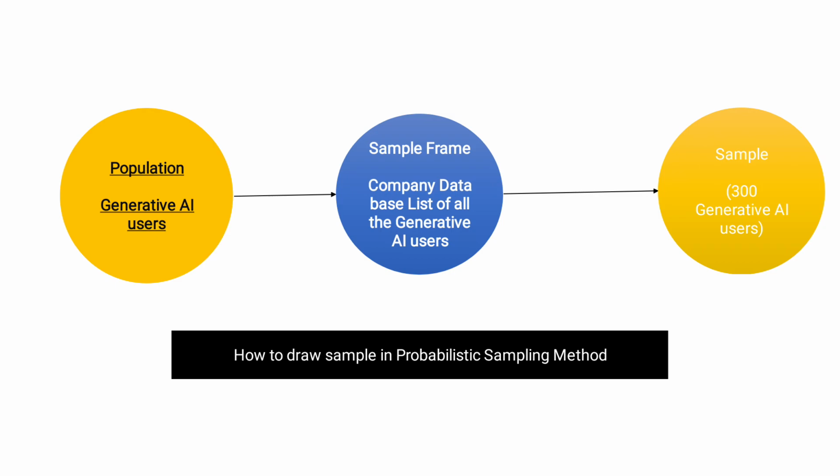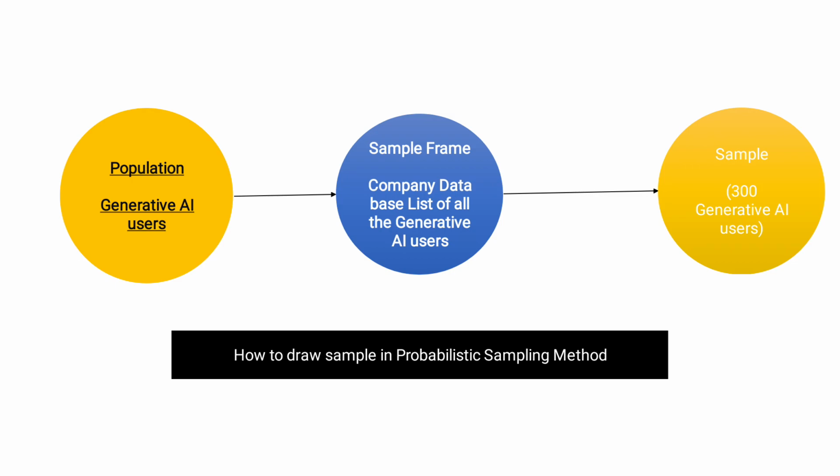But hypothetically, where would you get the sample frame for this kind of research? Maybe you ask for the list of all the generative AI users in a particular city, those who are registered on different generative AI platforms.